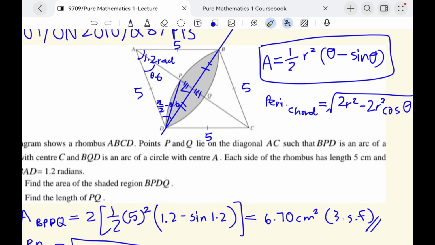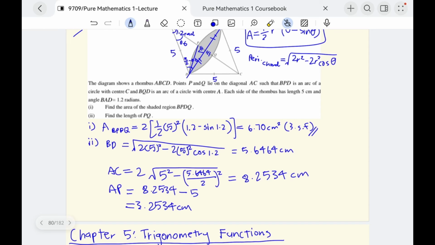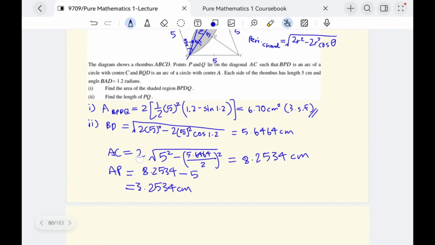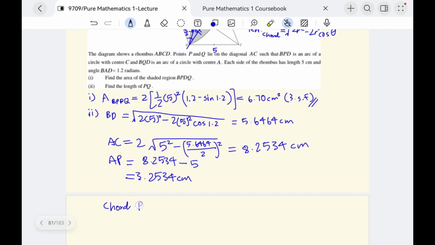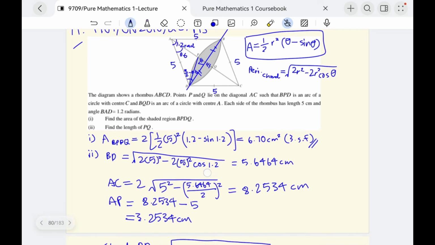Alright, to find the chord of the PD, you need to use the cosine rule. Alright, I think I have insufficient space already. I need to create a new page. Right, so the chord of the PD is to use the cosine rule, the square root of... As you know the length of the AP and the radius AD, you just use the cosine rule.